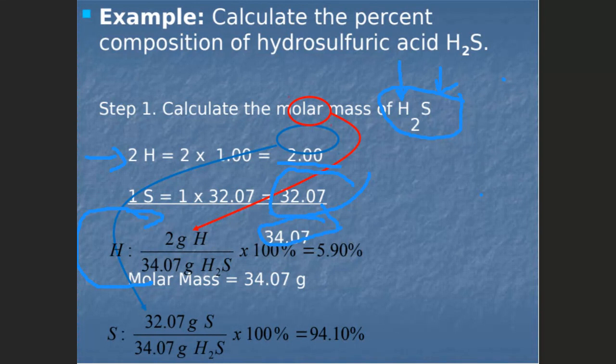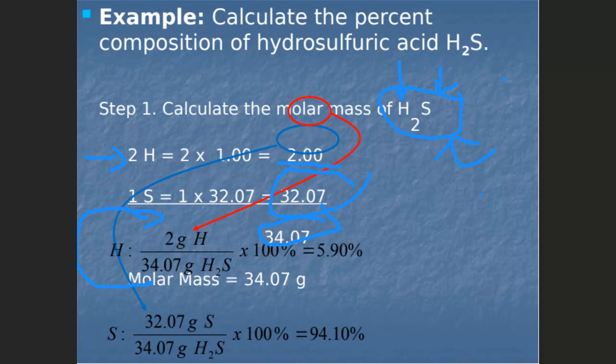Now we have hydrogen 2 grams. If we want to know the percent of hydrogen in this formula, in the second step we take the molar mass of hydrogen divided by the total mass. Total mass means the hydrogen mass plus sulfur mass.